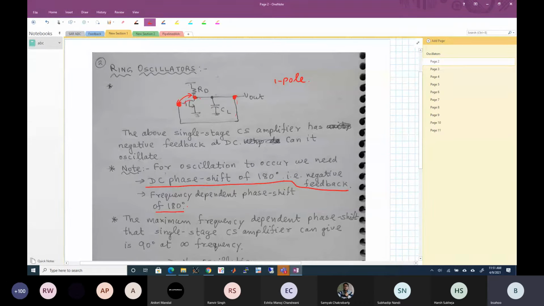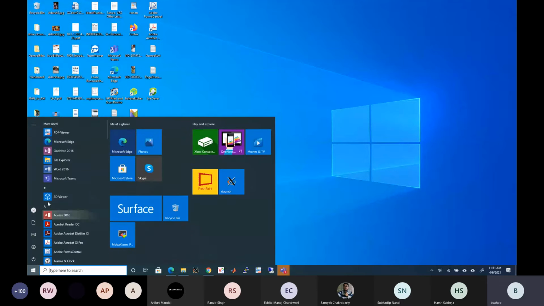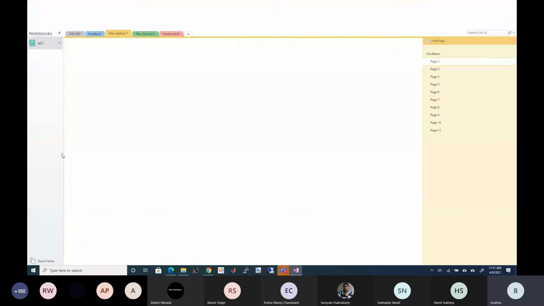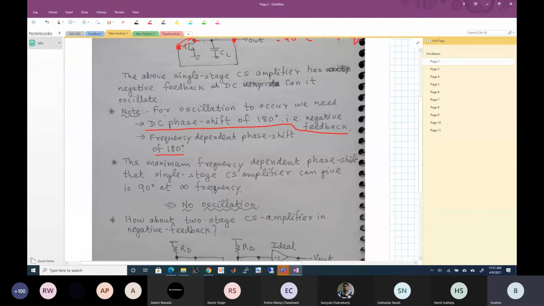If I look at the frequency response, this connection is giving me 180 degrees, but otherwise the output will give me minus 90 degrees of phase shift at infinite frequency. So the maximum frequency dependent phase shift that the single stage common source amplifier gives is 90 degrees at infinite frequency, implying no oscillation.